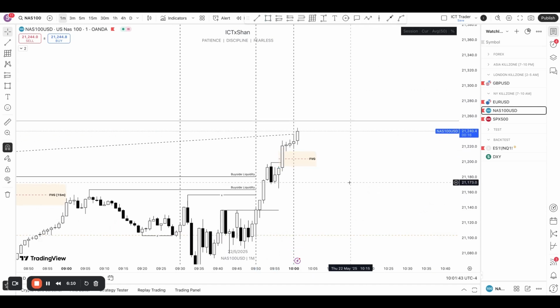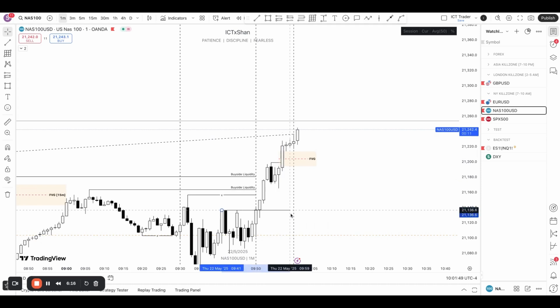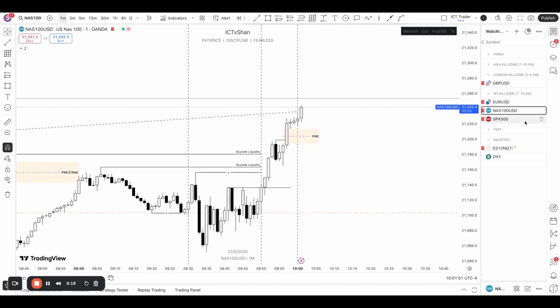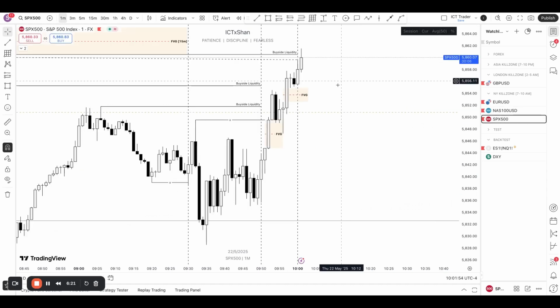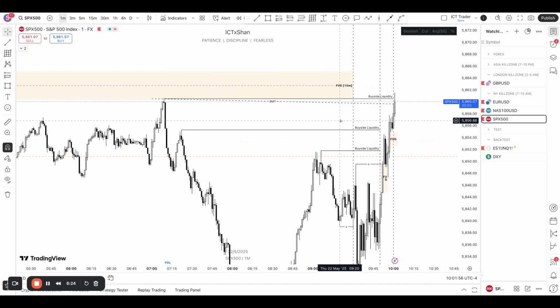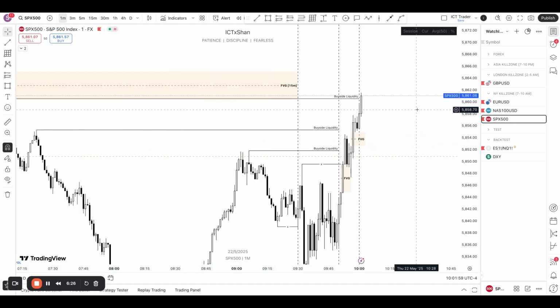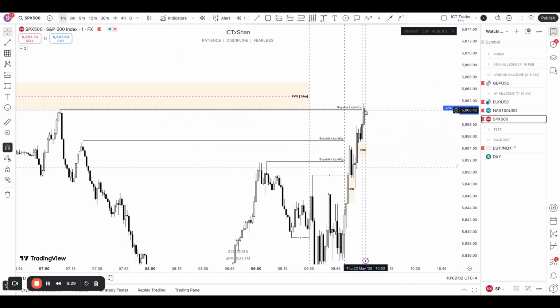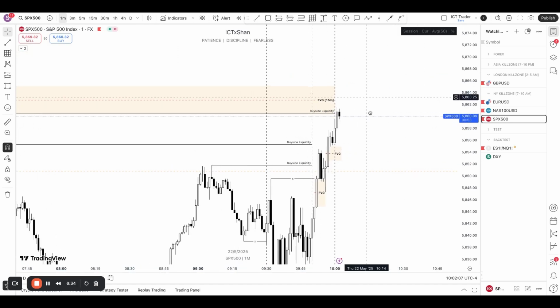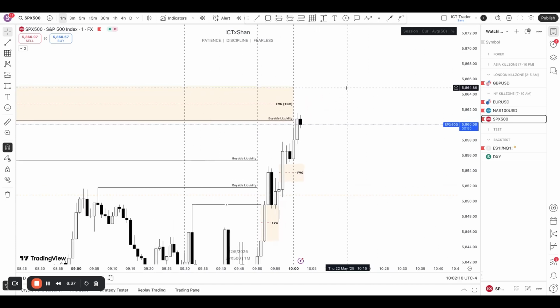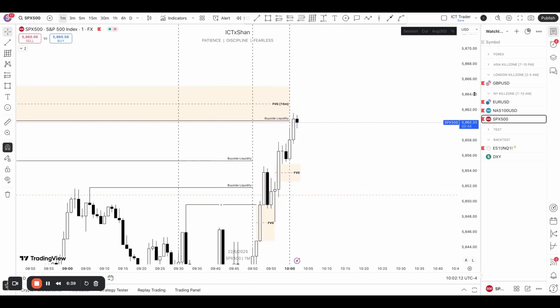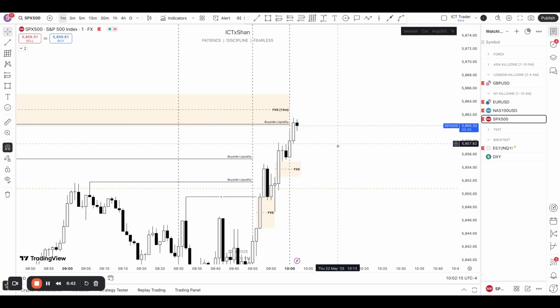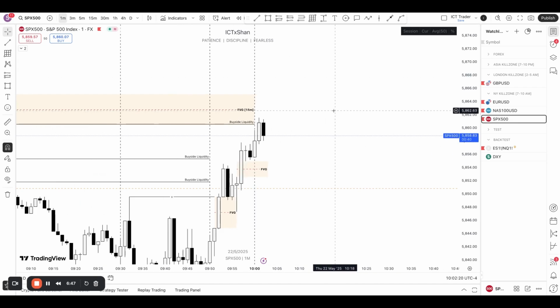Tap onto the power gap, 50 minutes. See what it is trying to do here. The power gap is created and it's not even built before it's moving higher.